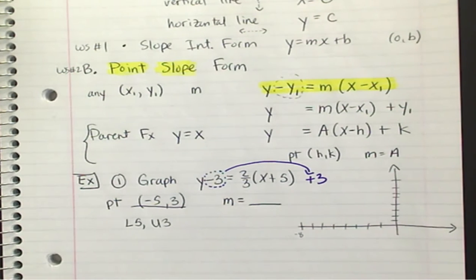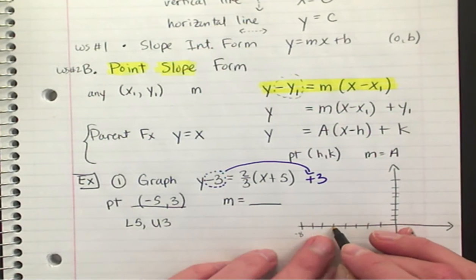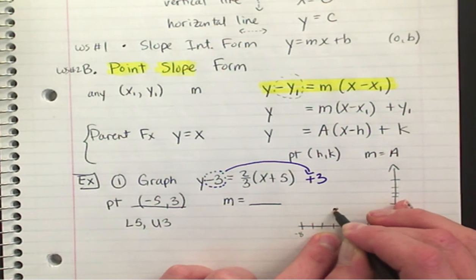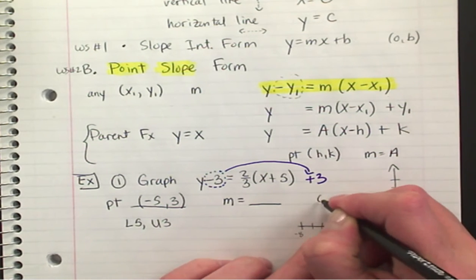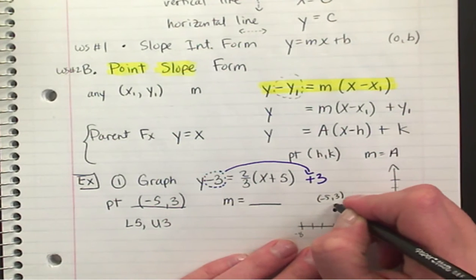It's not necessarily the center of my picture because this is a line. There is really no center. Okay, but it is left 5, 1, 2, 3, 4, 5, up 3. Negative 5, 3. And my slope is 2/3.